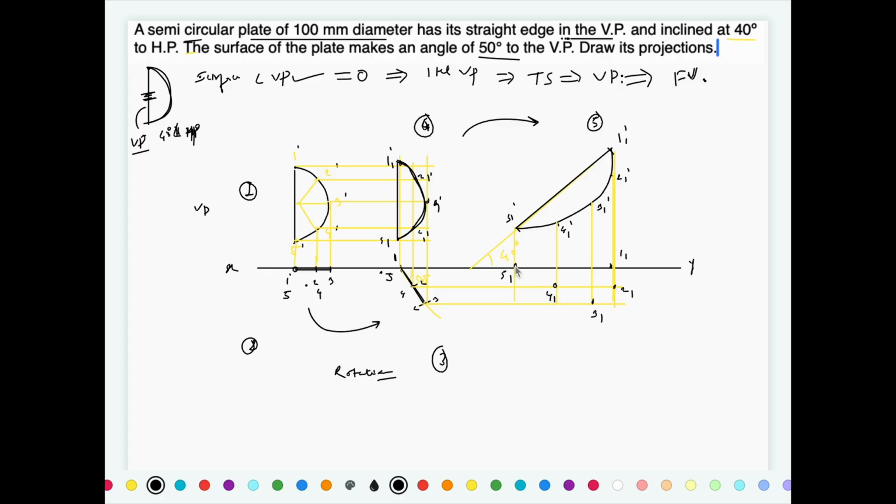This line is going to be a straight line on XY, and this is to be on XY only, and this part is going to be a curved part. So this will be the final top view.